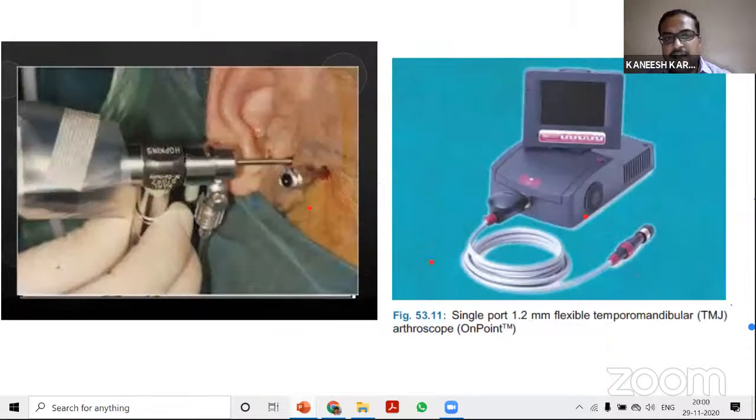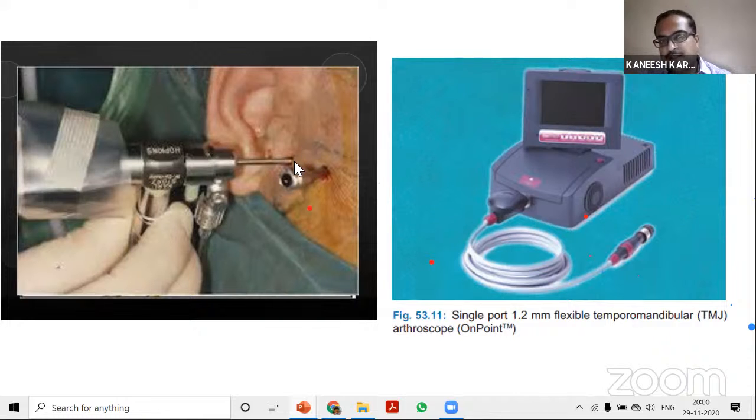This is a TMJ arthroscope. This is called arthrocentesis, where you do a lavage of the TM joint. There is a lot of debris in the TM joint. You can use arthrocentesis and do a lavage.